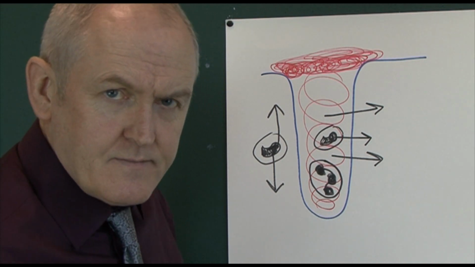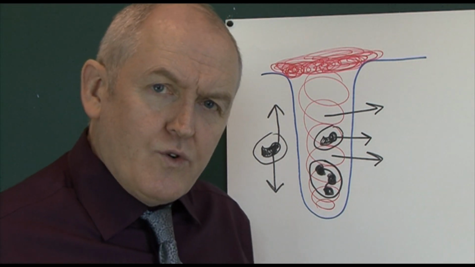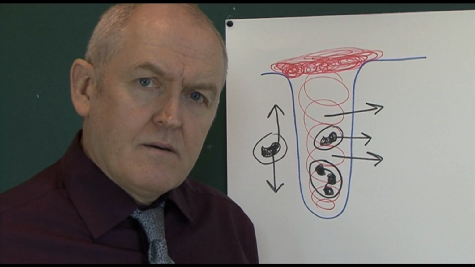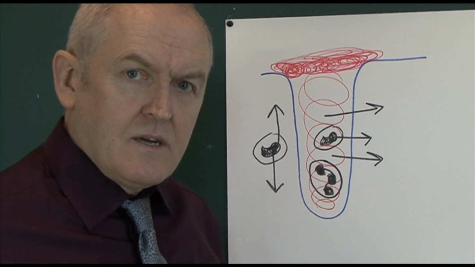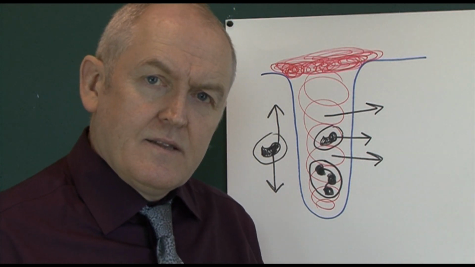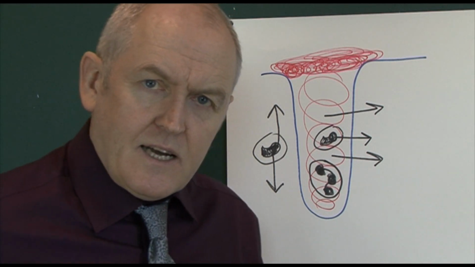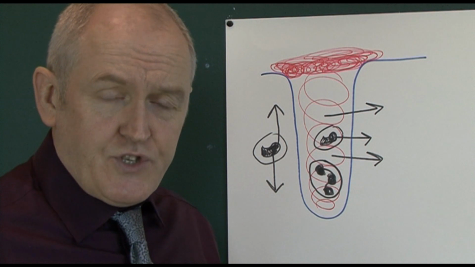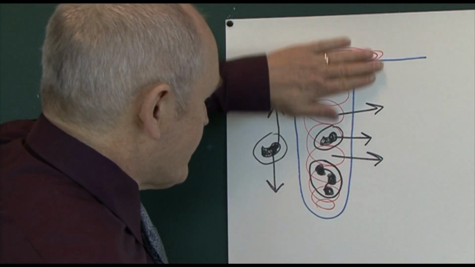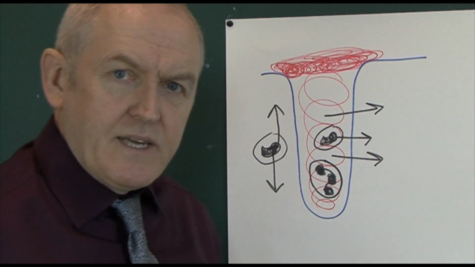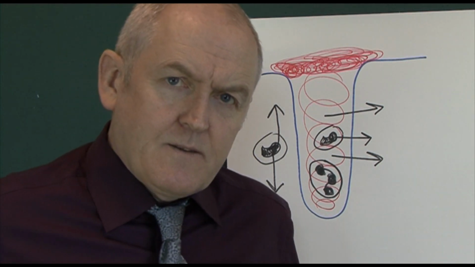This is good, because in the wound there's probably going to be bacteria. And of course the neutrophils are phagocytic. They can eat and digest these bacteria, reducing the risk of infection. Also, because of the trauma, there's going to be dead tissue cells.